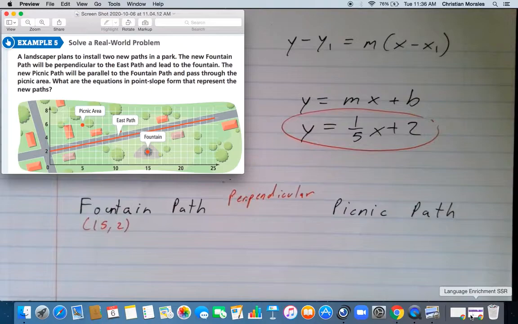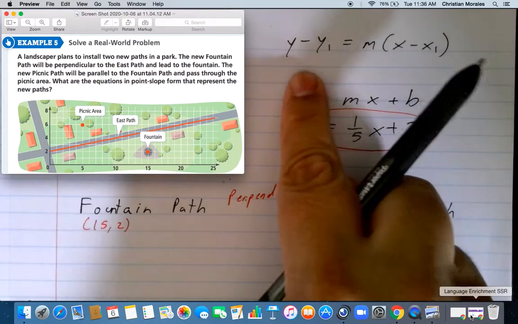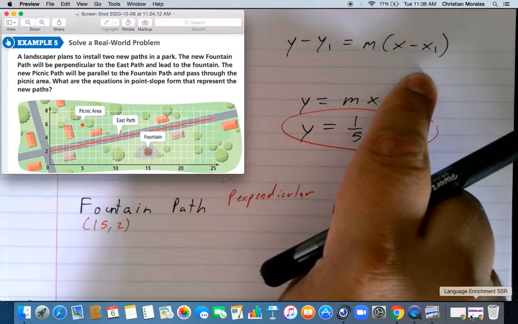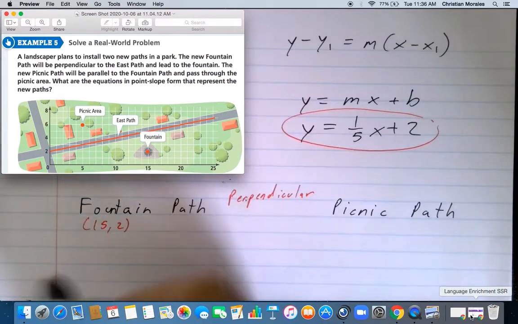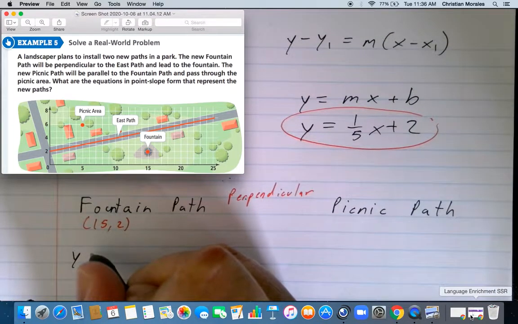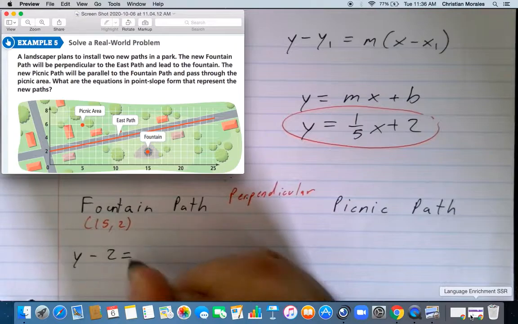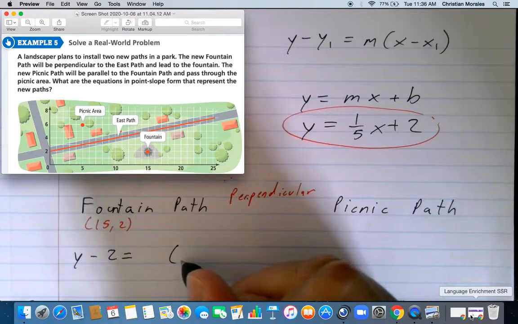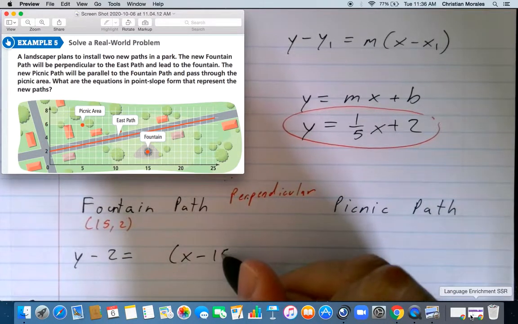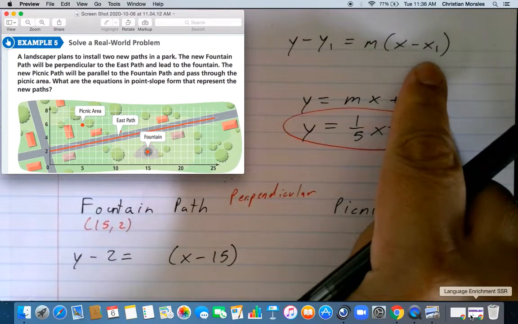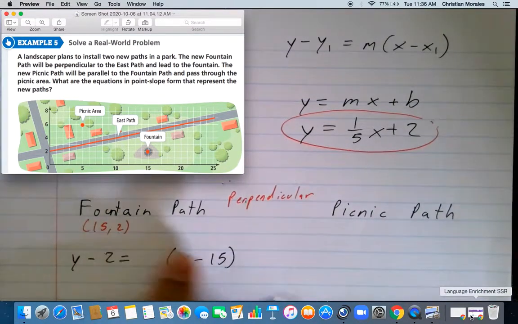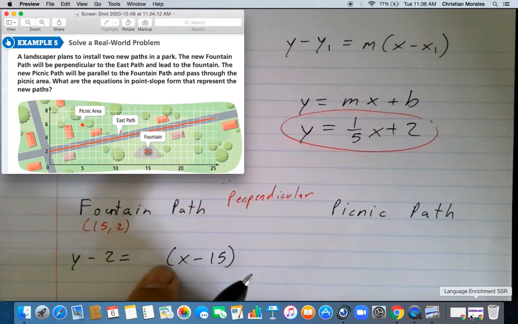All right, now here's the good news. If I'm going to use this equation, I know I'm going to use those numbers. So I'm going to start with y minus 2 equals, I don't know the slope yet, x minus 15. Okay, remember, x1 and y1. x1 goes here, y1 goes here. Now for the slope.